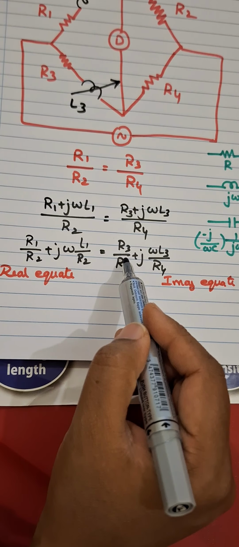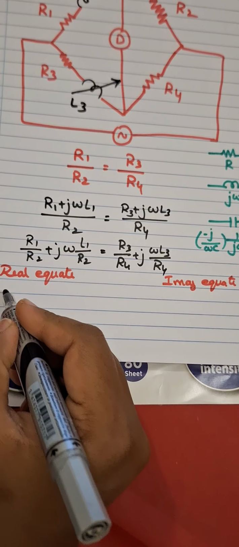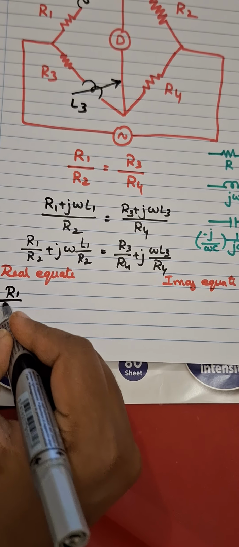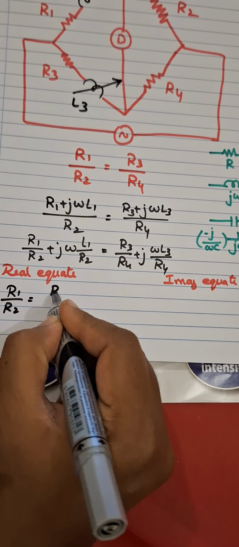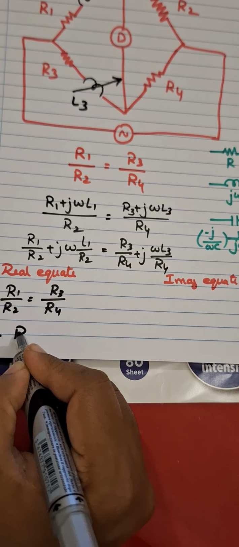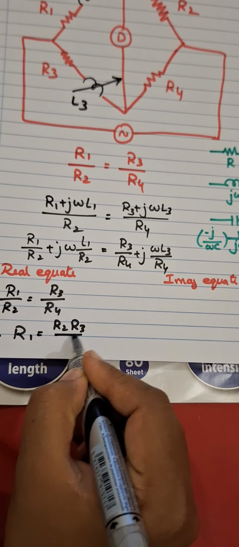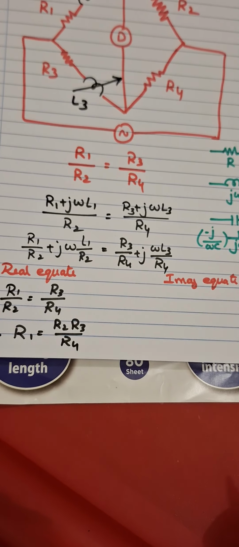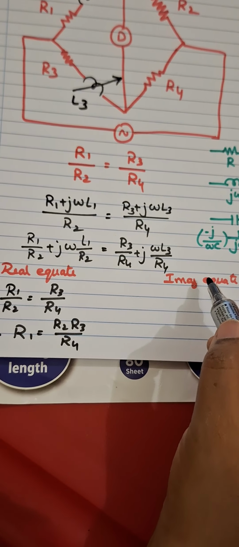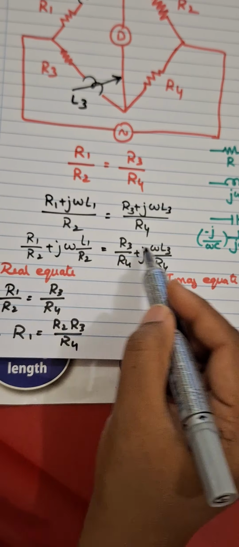These two are the real parts because these are not having any j element, right? So we can say them as real part. So R1 by R2 is equals to R3 by R4. So our requirement is R1. Therefore I will say R1 is equals to R2 R3 by R4. Imaginary means j element, means omega, j omega.